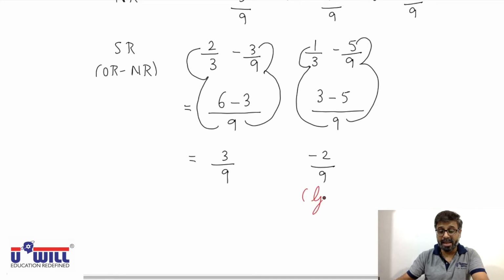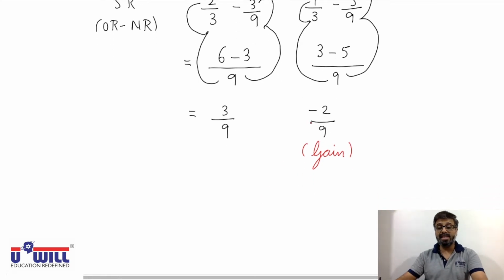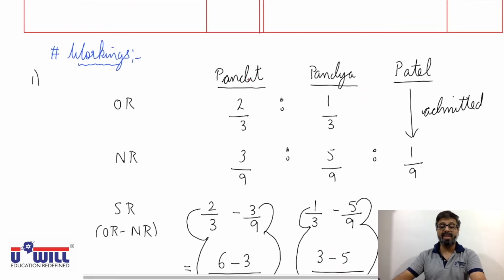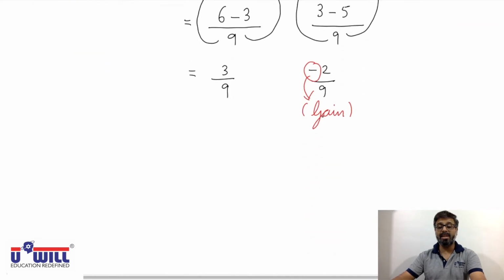This is a gain, not a sacrifice. If the sacrifice comes out negative, it means it is a gain, not a sacrifice. So only one partner is sacrificing, that is Pandit. Pandya doesn't sacrifice. After the admission of Patel, Pandya is also gaining 2 by 9.